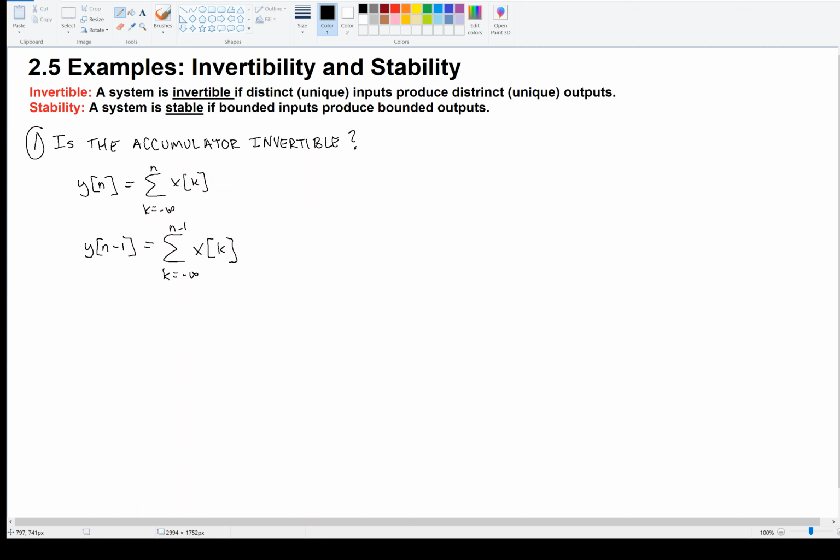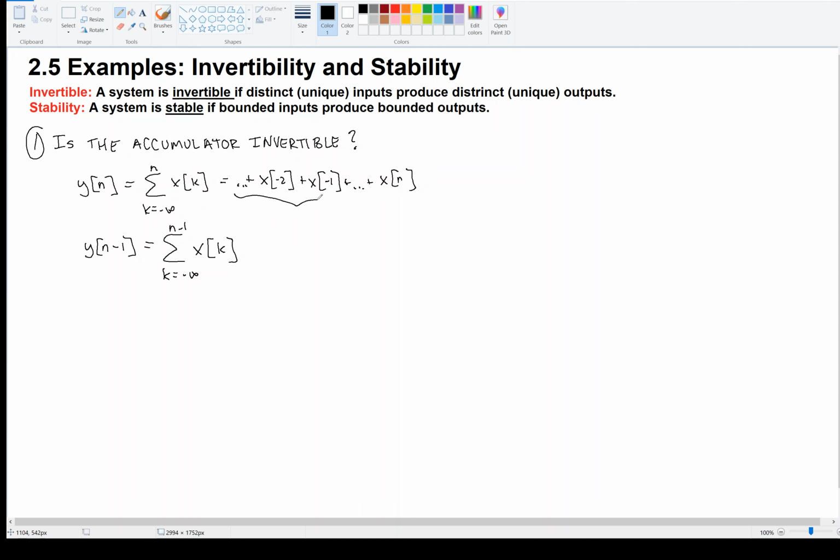Okay, and if we expand y of n, you'll notice this is an infinite sum, plus all this stuff, plus the x of -2 term, and then the x of -1 term, and all those things, and then the x of n term, right?